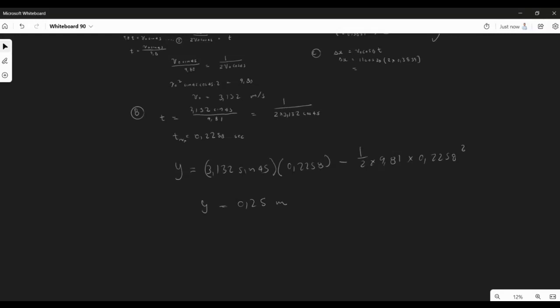You must remember what time you're working with here. If you want to find the horizontal time, you're going to have to multiply this by 2. But obviously, this is the time for the height itself. So be aware of that. There are two different times there.